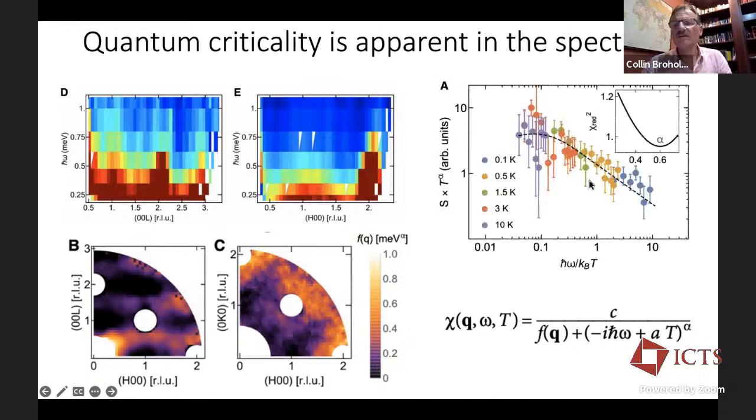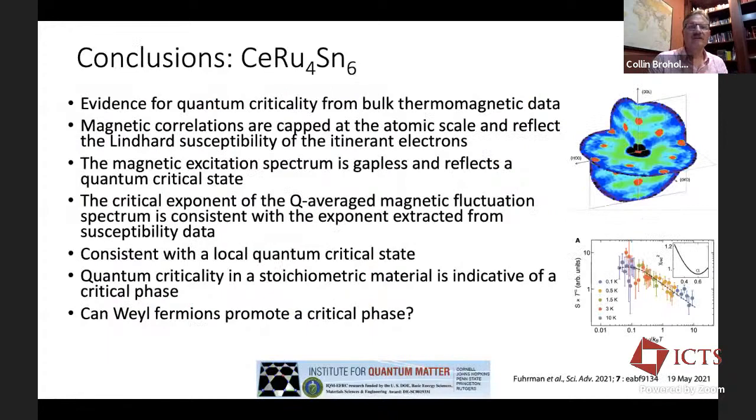By analyzing all of these data, we obtain a value for this critical exponent, which is 0.6, and consistent with those critical exponents that were obtained from Q equals 0 DC susceptibility data. So that shows that there's really a connection between the criticality that is observed at finite wave vector and what's observed at Q equals 0. And this is the expectation that we would have for a local quantum critical state.